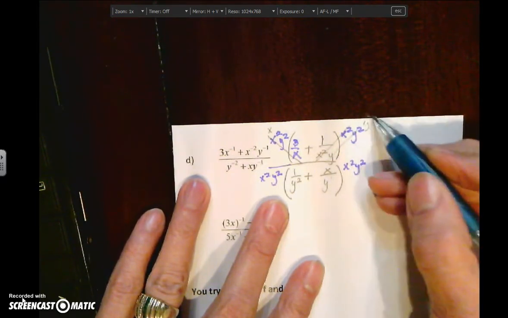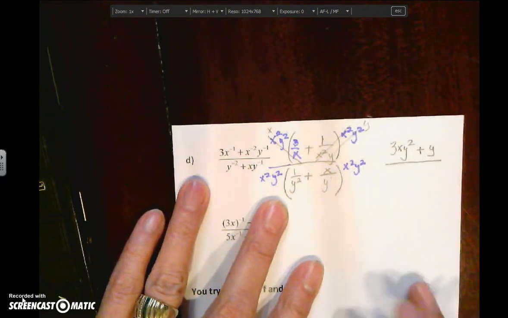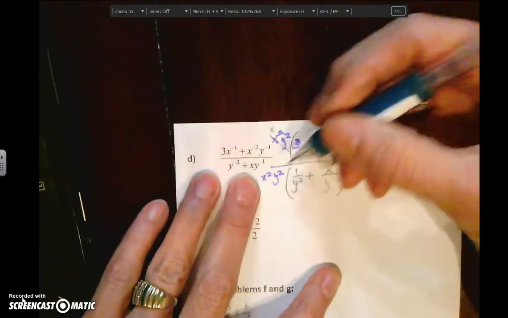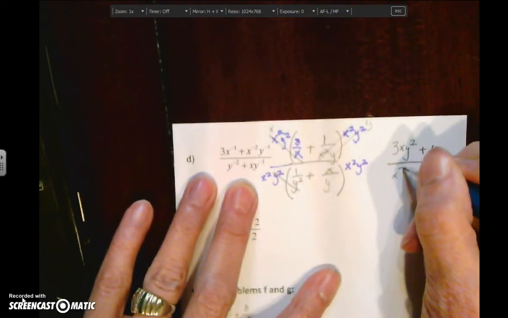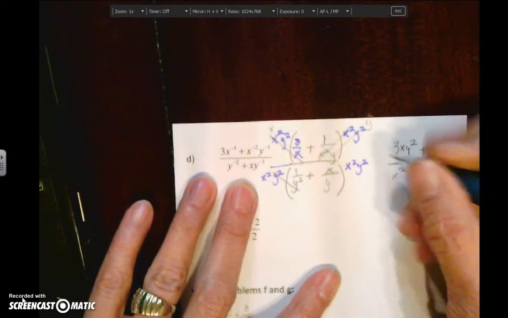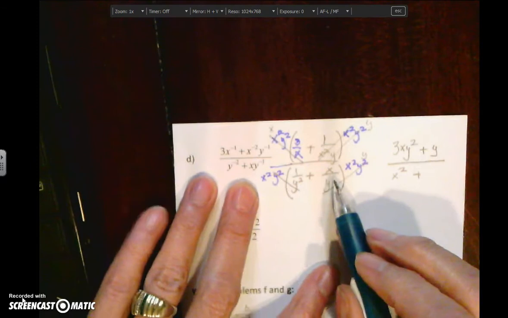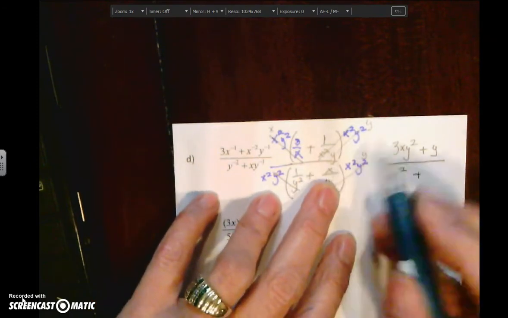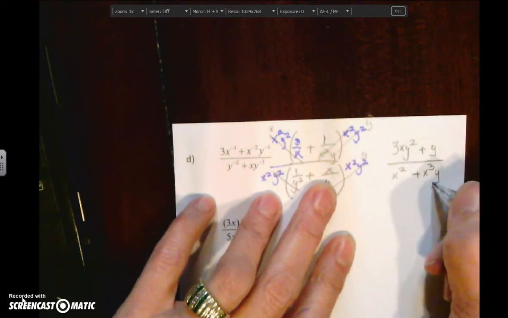It leaves us with 1y times 1, which is just y. Then in my denominator, the y squareds cancel, and that leaves me with x squared times 1, so x squared, plus here, one of my y's cancel, and so now what I have left here is an x times x squared, so that's x cubed, and then 1y.